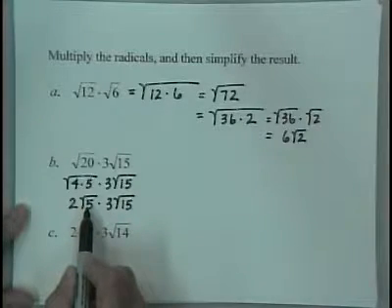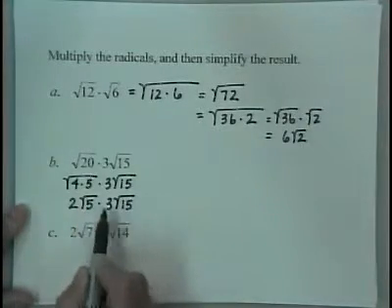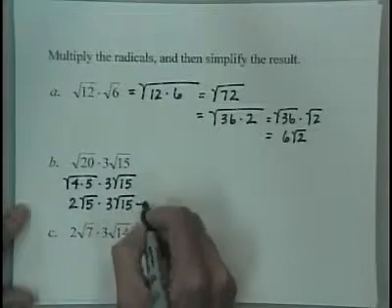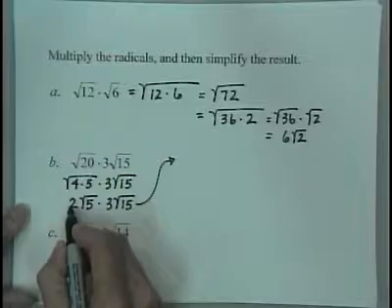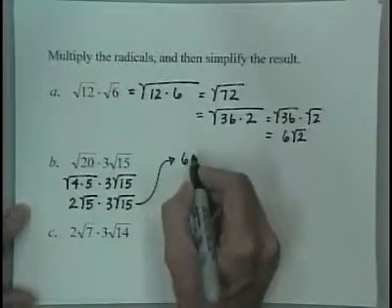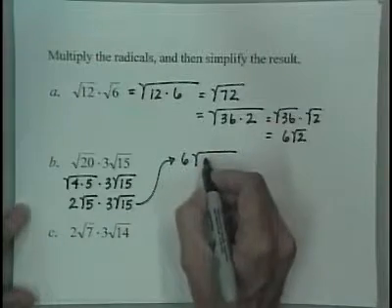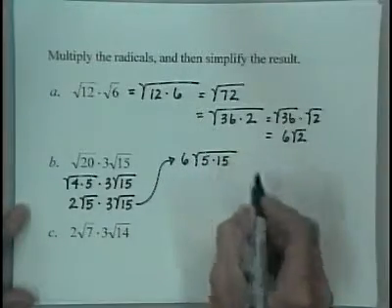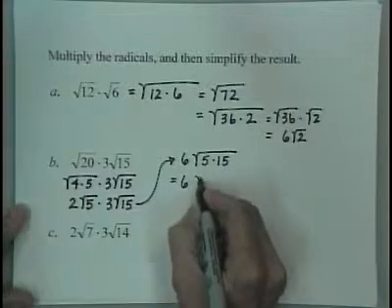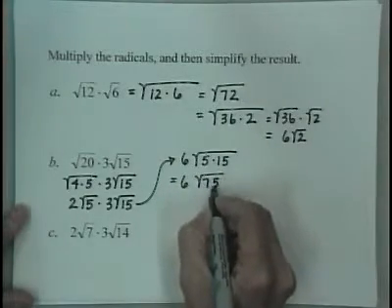Well, I can multiply together the two numbers inside the radicals and the two numbers outside the radicals to get 2 times 3, which is 6, that's the product of the numbers outside, times the square root of 5 times 15. I need to multiply 5 times 15, and if I do so, I'll get 75.